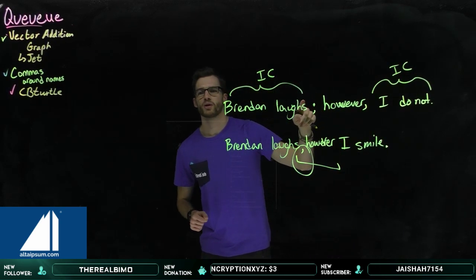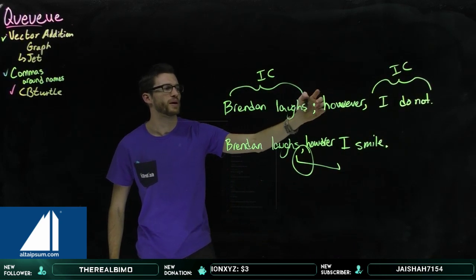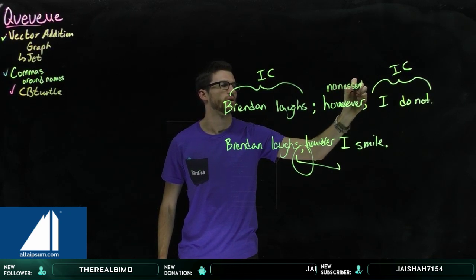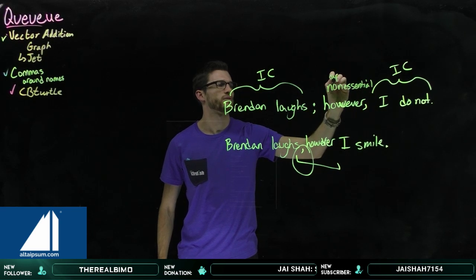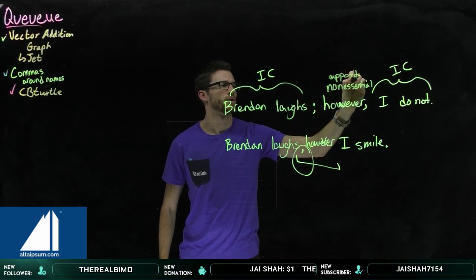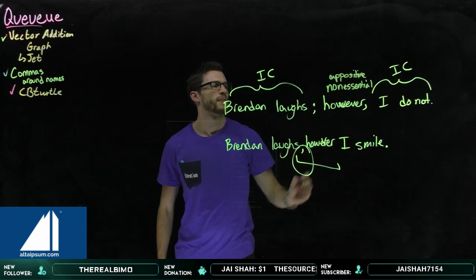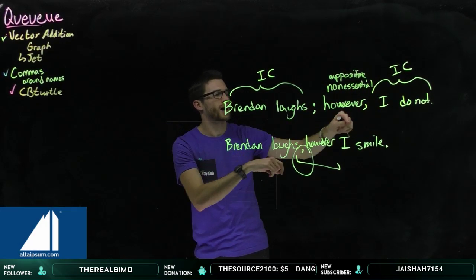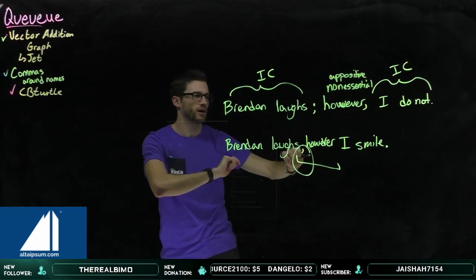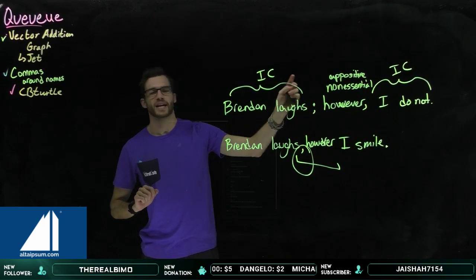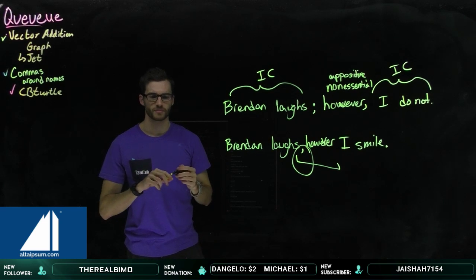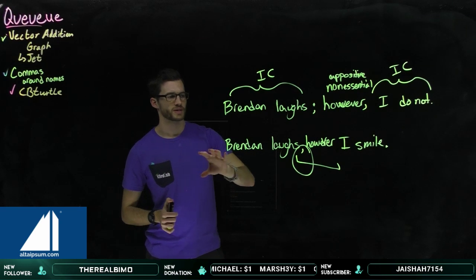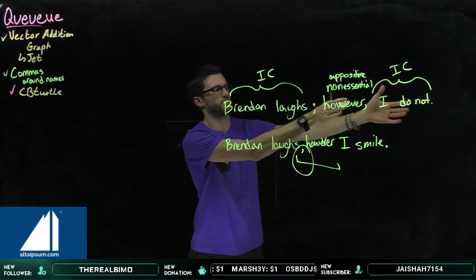This is our semicolon, which we are allowed to use to separate two independent clauses. And then this is a non-essential phrase, or an appositive, however you want to say it, that is put right before I do not, but we need a comma there to separate it from the independent clause. We don't need a comma here because we already have this other punctuation. Does that make sense? By second one, did you mean second sentence or second phrase?